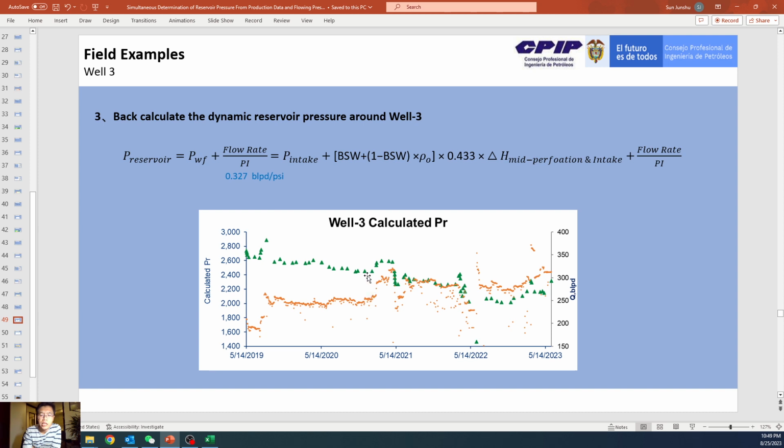For each production node, we know the BSW, the intake pressure, the representative PI, and the flowing rate, then we can back calculate the dynamic reservoir pressure around the wellbore. So from the initial 2,700 it declines to the current 2200 psi.